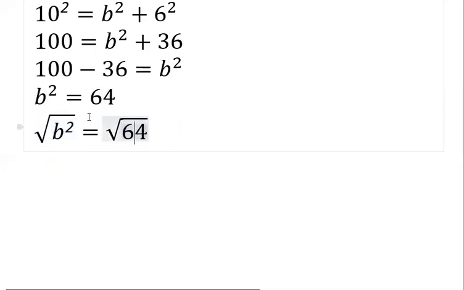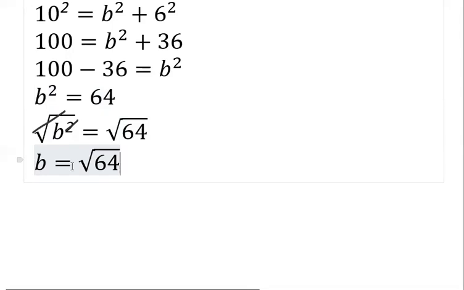So with this, we square root both sides, our square cancels out the square root so that we'll be left with b. So let's get this out here, so that we'll have our b equals the square root of 64.